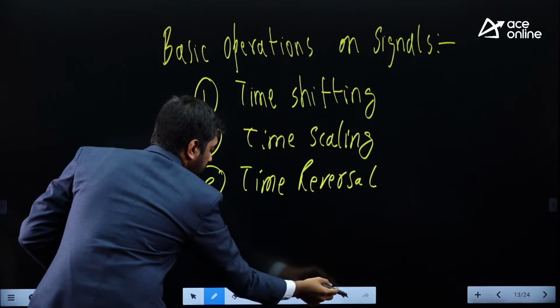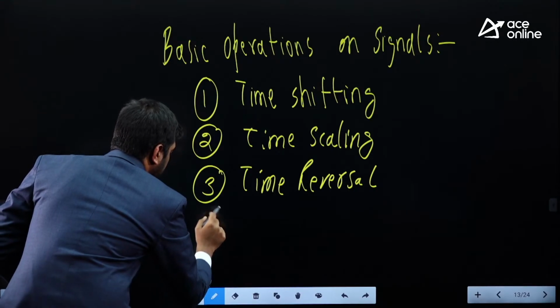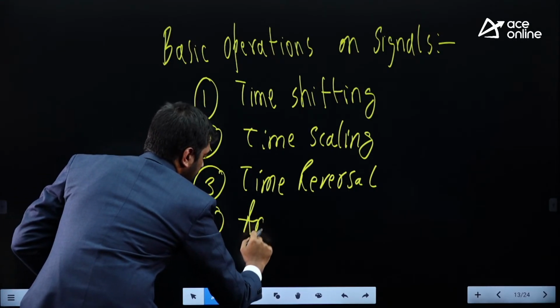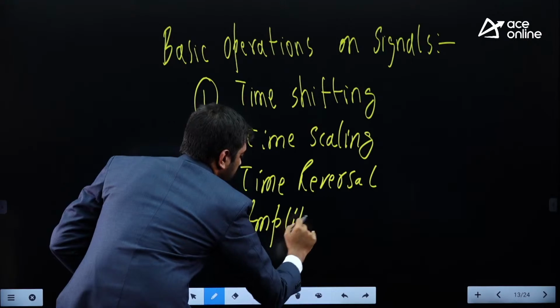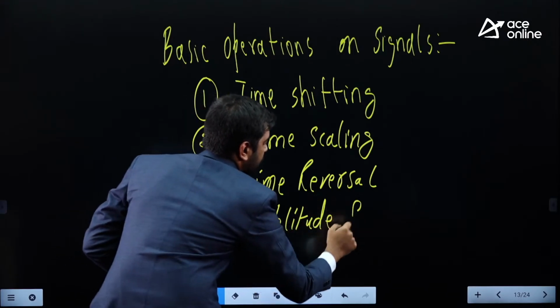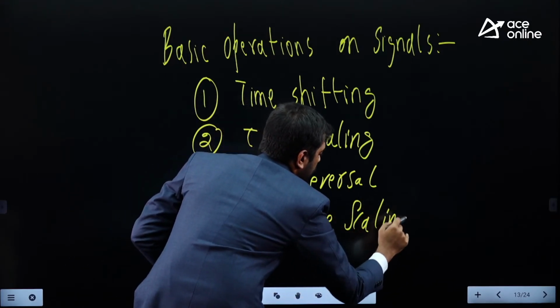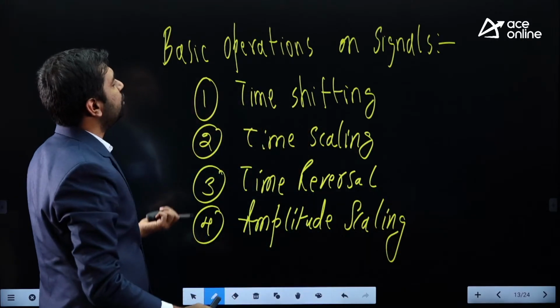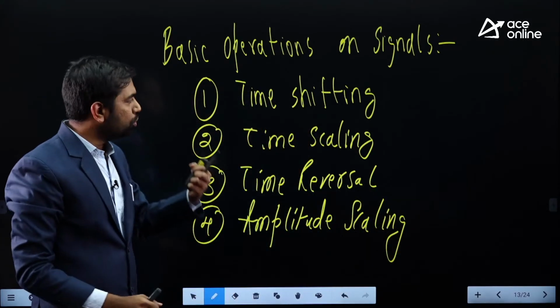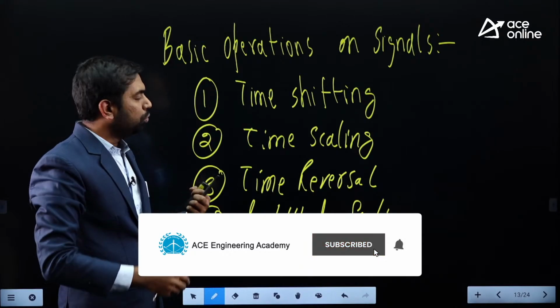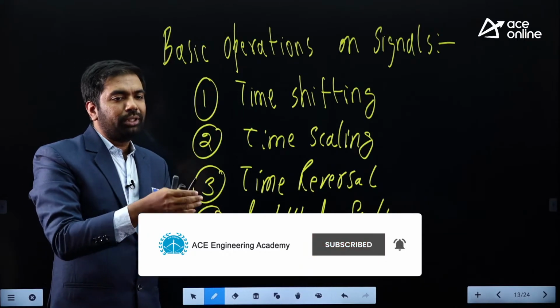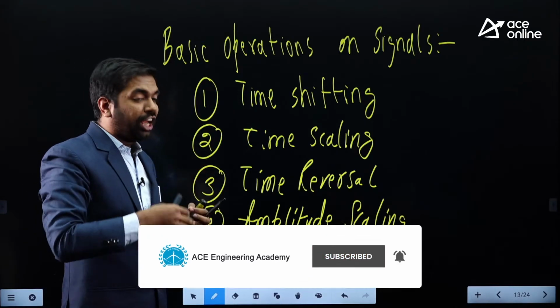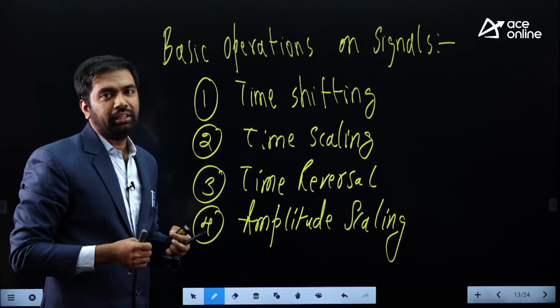Then amplitude scaling. So these are the basic operations on signals. So you must know how to shift a signal, how to do the time scaling, that is the compression and the expansion, the time reversal and the amplitude scaling.